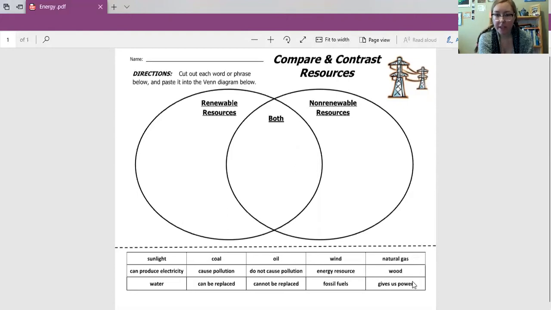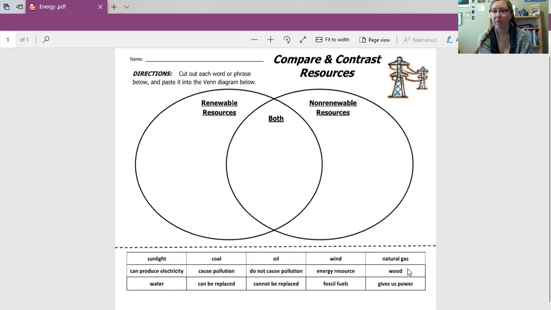Let's see. Gives us power. Do renewable resources give us power? Yes, some of them do. We use the wind, we use the water, we use the sun as renewable resources, right? And they can generate electricity.